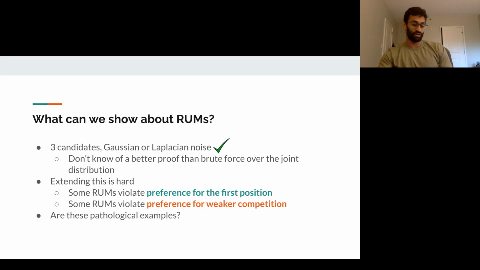If we have three candidates and I add either Gaussian or Laplacian noise to them, I can prove to you that this condition holds, but I don't know of a better proof than writing out the joint distribution and doing a lot of integrals. It turns out you can't extend this in general, and I can give you examples of random utility models that violate both of these conditions. They're somewhat pathological in nature.